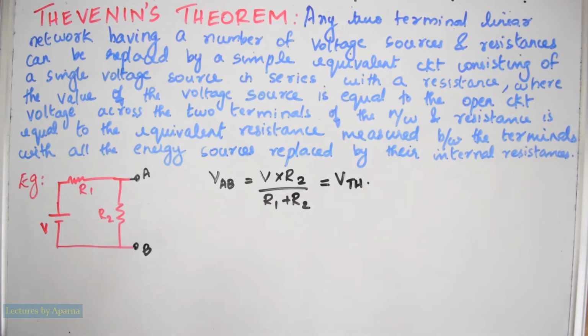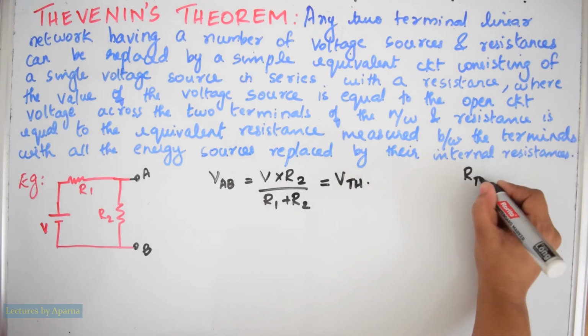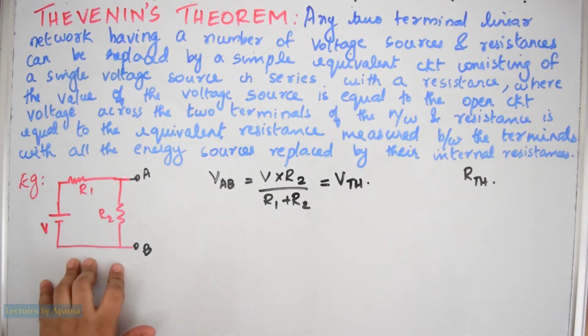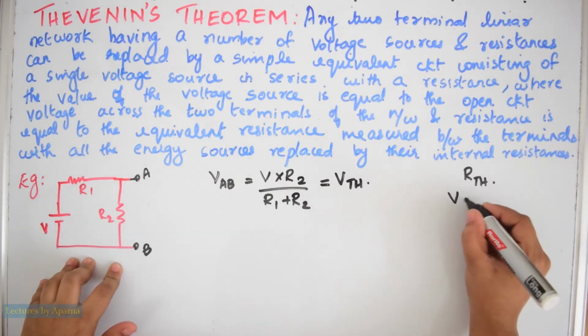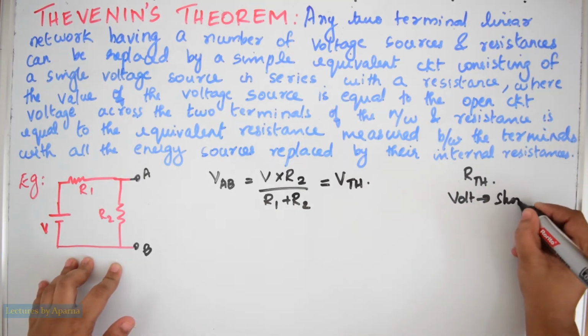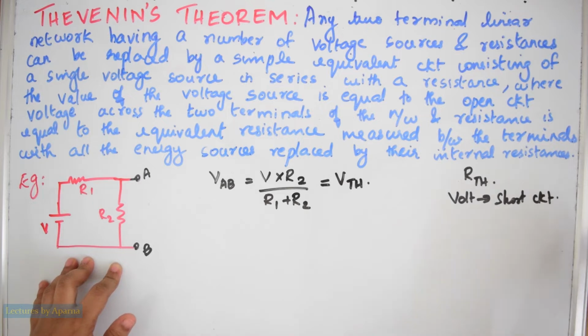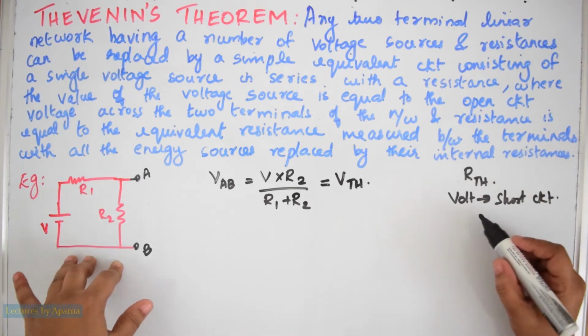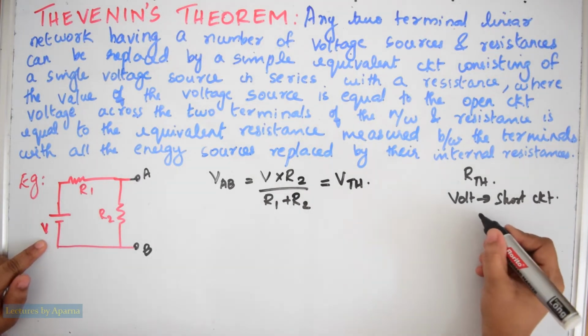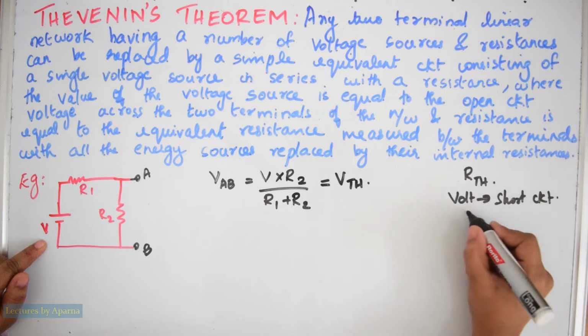Now the next step is to find Thevenin's resistance RTH. How will you find RTH? From this circuit, if there is a voltage source, we have to short circuit it, or in other words, we are replacing this voltage source with its internal resistance. The internal resistance for a voltage source is 0.